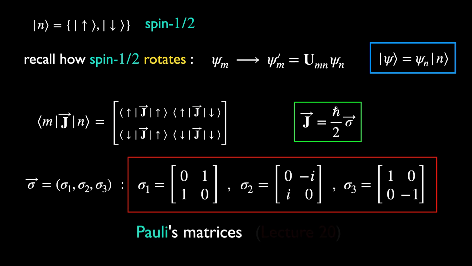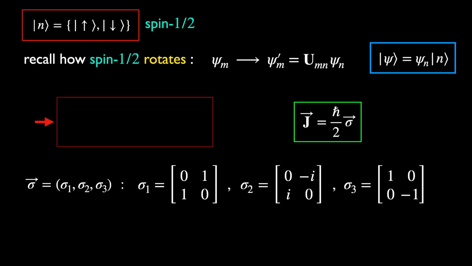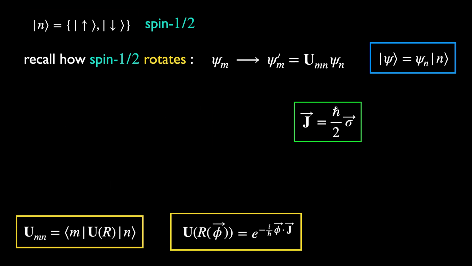See the link to the video in the description. The states corresponding to spin up and spin down along the z-axis are given by these columns. Therefore, the rotation matrix for spin half is given by, where we have plugged in the expression for J.